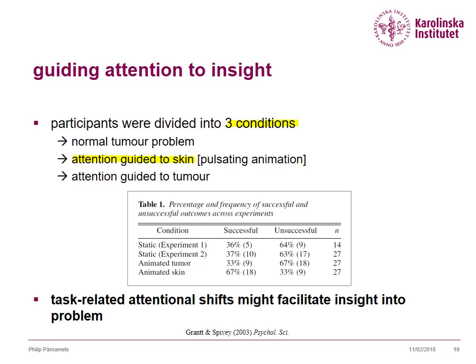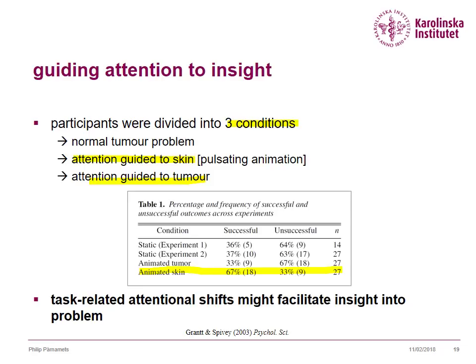And then there was a foil condition where attention instead was guided to the tumor by the same method, so the tumor would be blinking instead of the skin. And what they found was, and that's shown in the table here, importantly, that only in the animated skin condition did the solution rates increase.